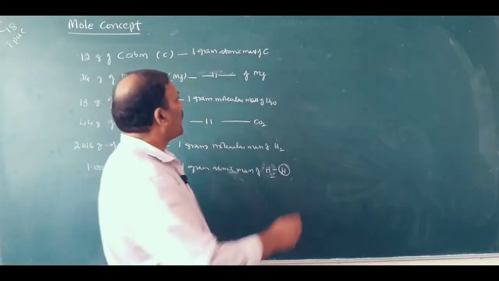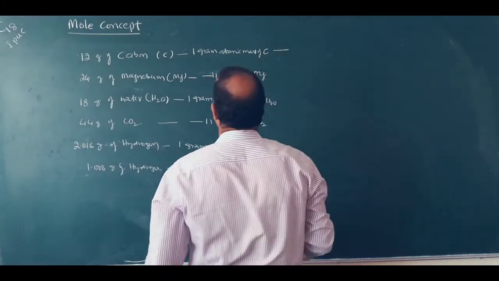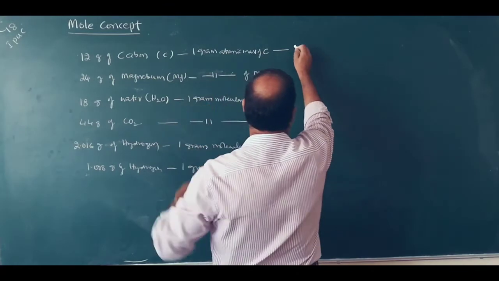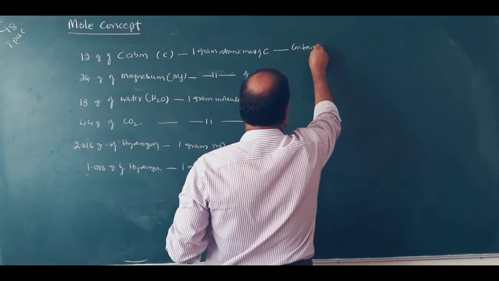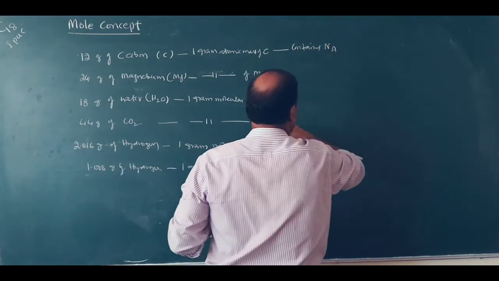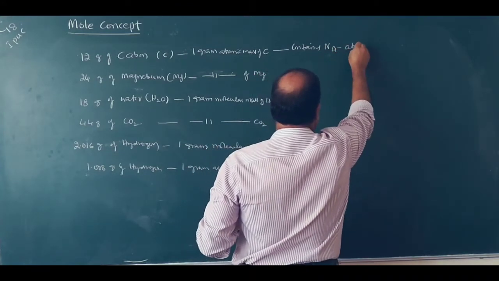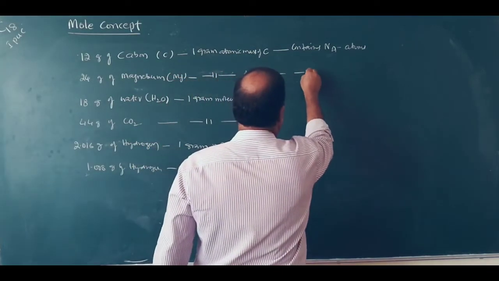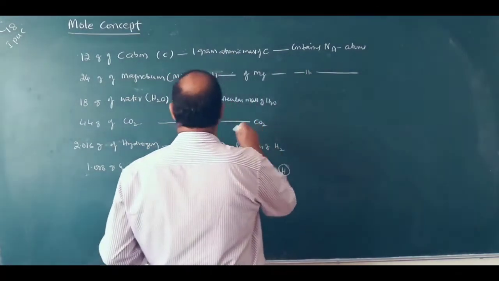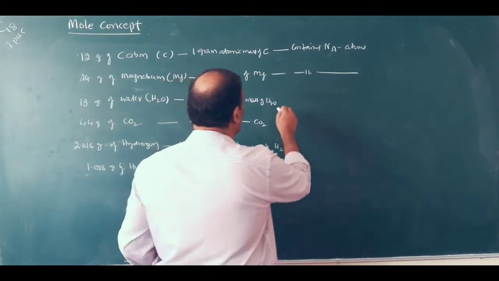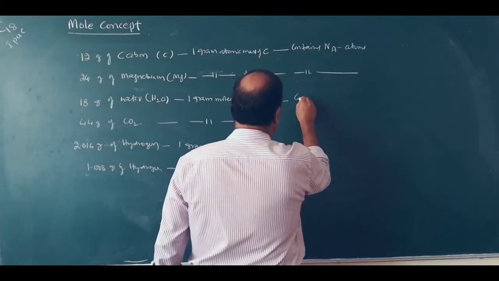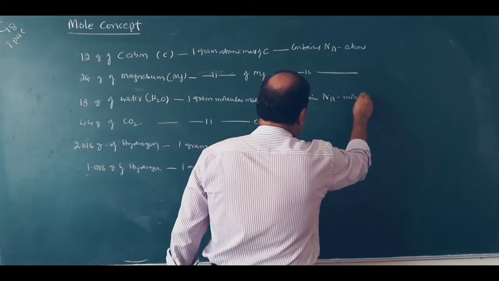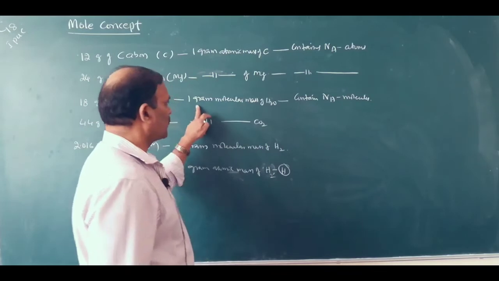So 1 gram atomic mass of carbon, 12 gram of carbon, contains Na, Avogadro number of atoms. 1 gram molecular mass of water contains Avogadro number of molecules of water.